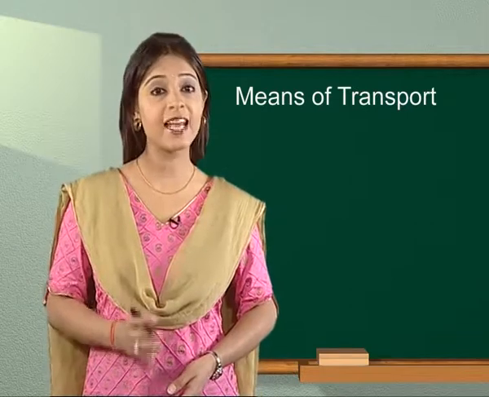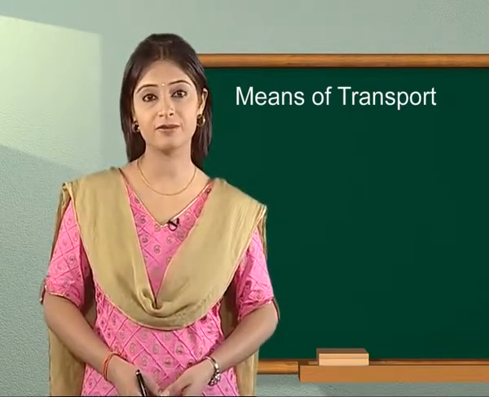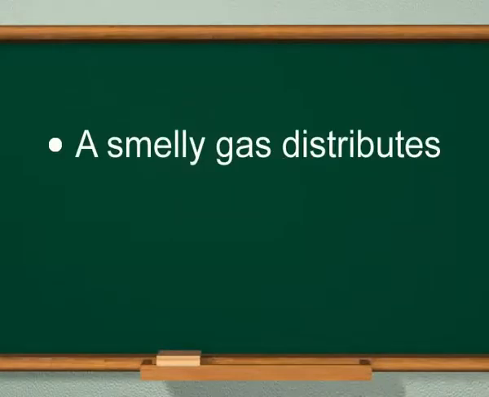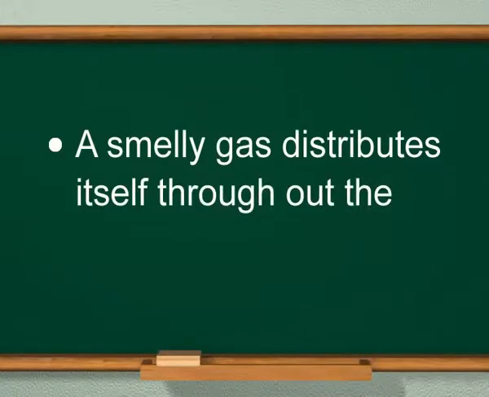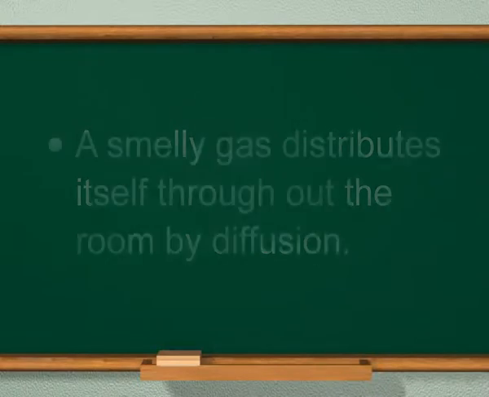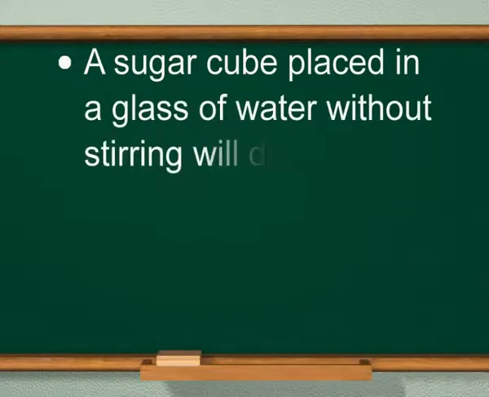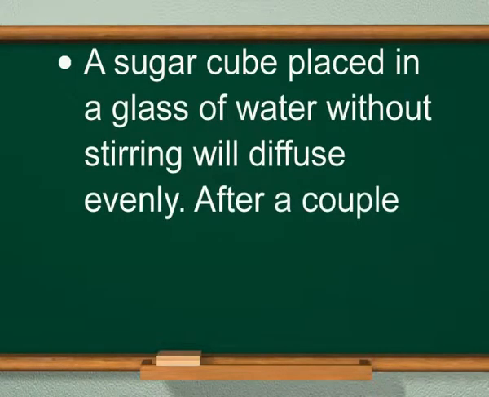Students, let us cite some examples of diffusion from our day-to-day life. A smelly gas distributes itself throughout the room by diffusion. A sugar cube placed in a glass of water without stirring will diffuse evenly.